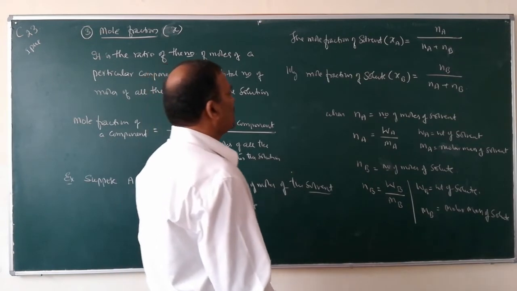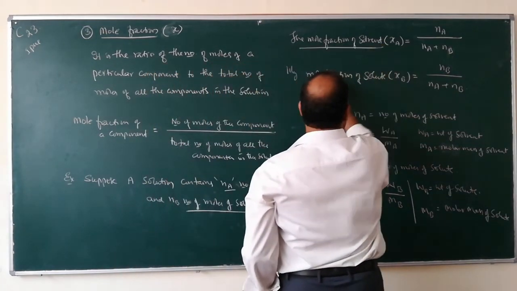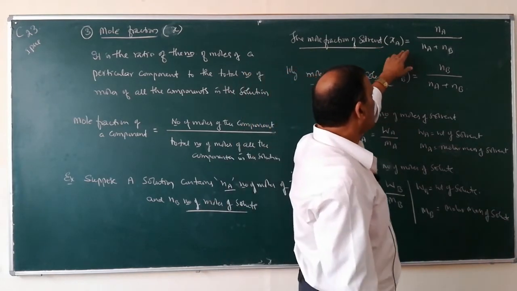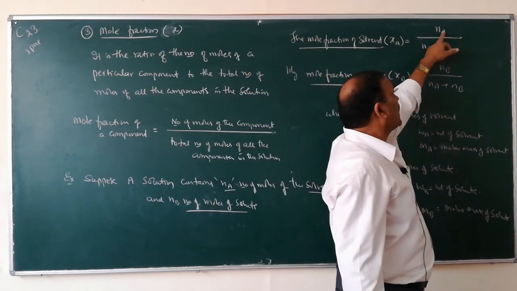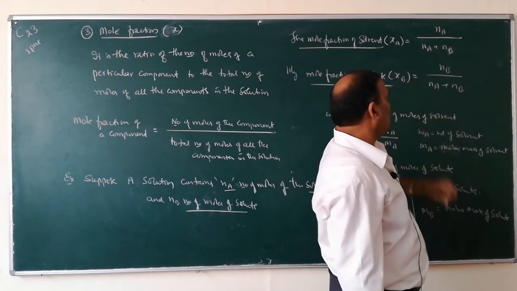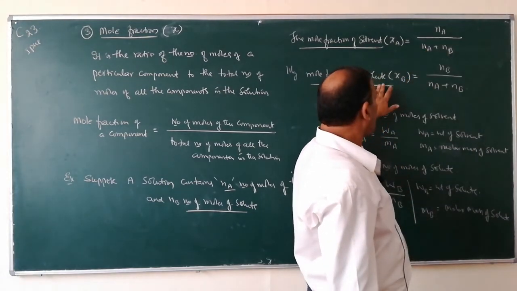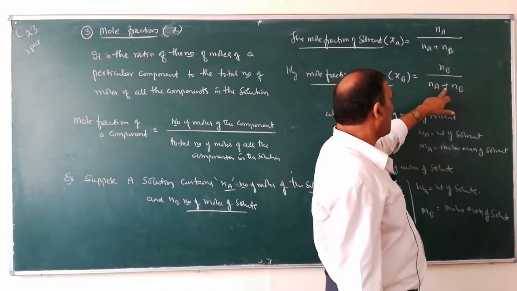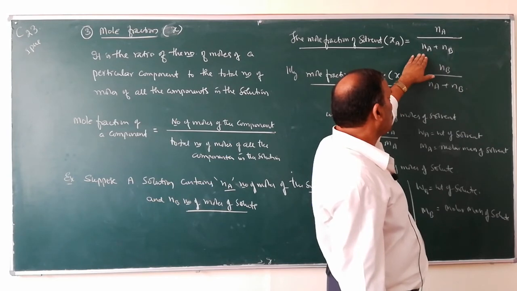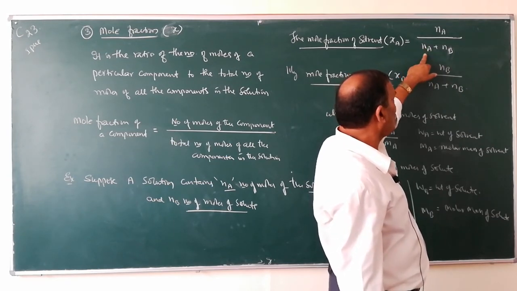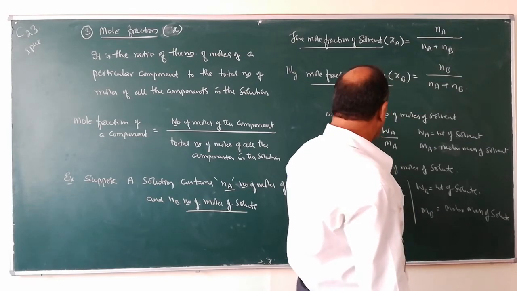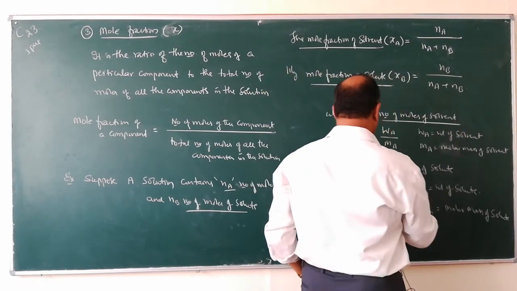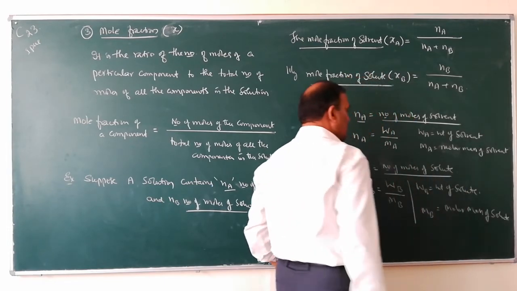So this is the definition of mole fraction of solvent and mole fraction of solute. Xa equals Na divided by Na plus Nb, and Xb equals Nb divided by Na plus Nb, where Na is the number of moles of solvent and Nb is the number of moles of solute.